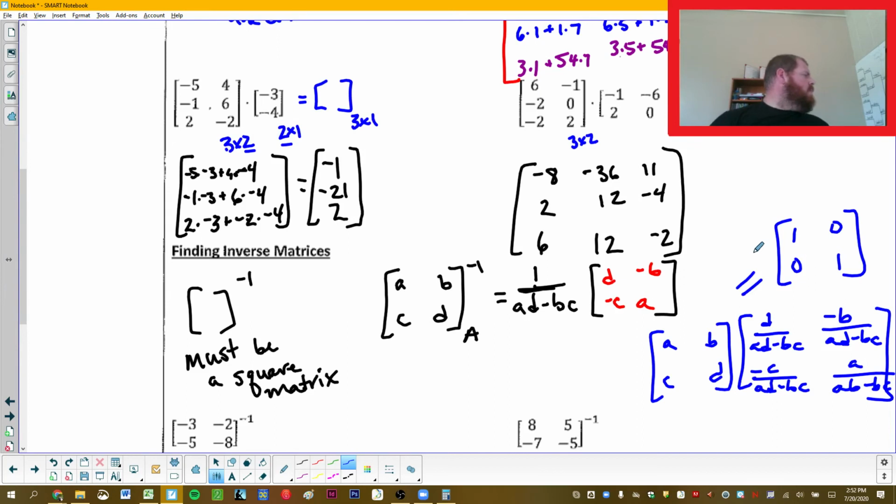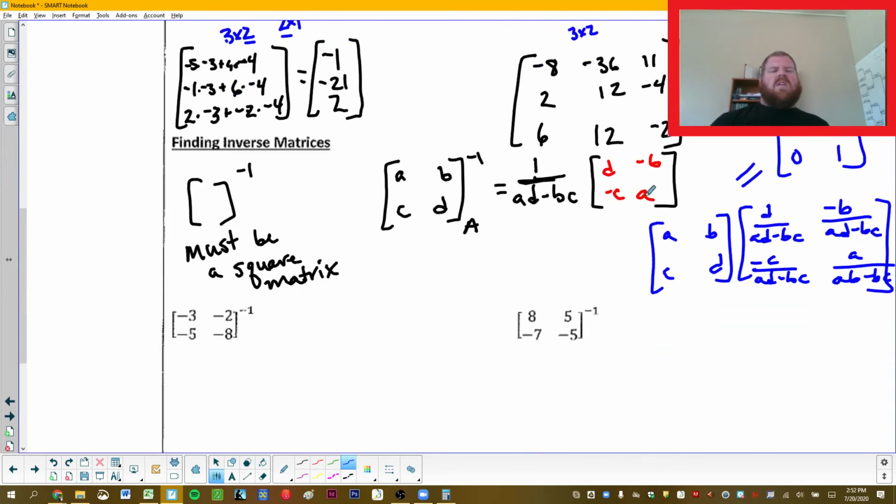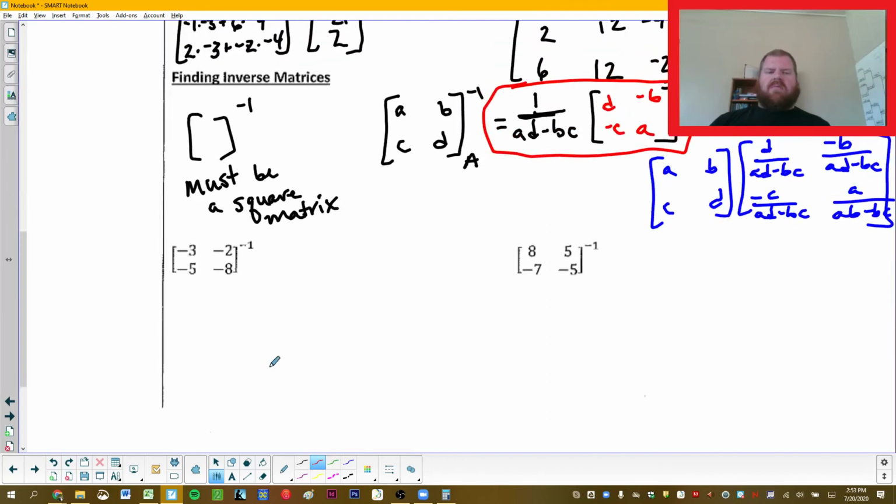Okay? So let's try to use this idea right here, and this is the main idea that we want to look at. Let's use this formula for the inverse to find the inverse of these matrices down here. And I only have 2 for us to do, so that's okay.